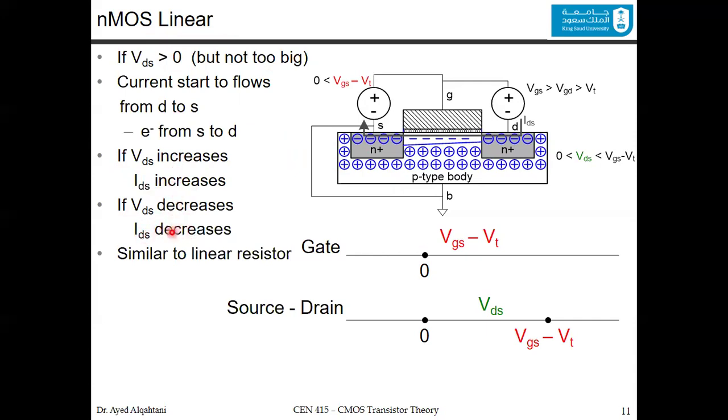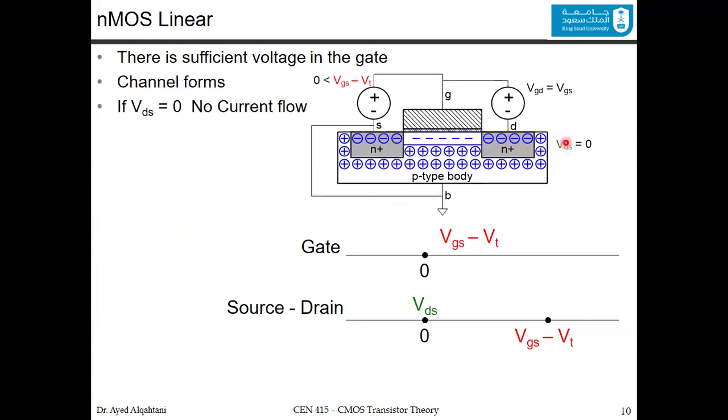And this is why we call it the linear region. So you can see here that VDS is between 0 and VGS minus V threshold. If we compare it to the previous slide, VDS was equal to 0, so there is no voltage difference, and because of this, no current flow.